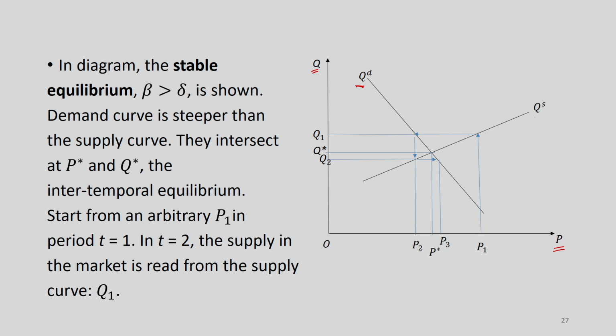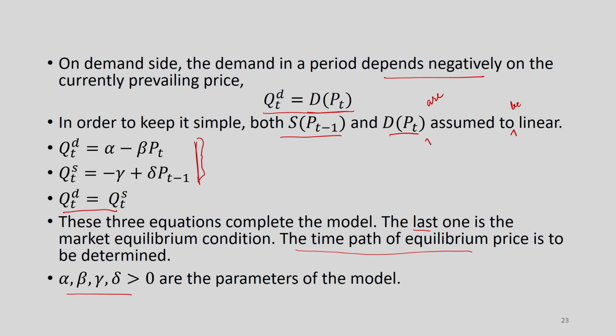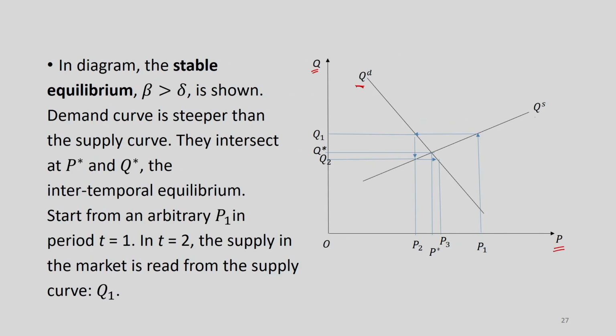And this is just to make sure that we are getting the slopes correct, that beta is greater than delta, because when we are writing the demand function and the supply function in this manner, we are taking P as the independent variable, and usually independent variables are represented along the horizontal axis, although in economics the prices are generally represented along the vertical axis.